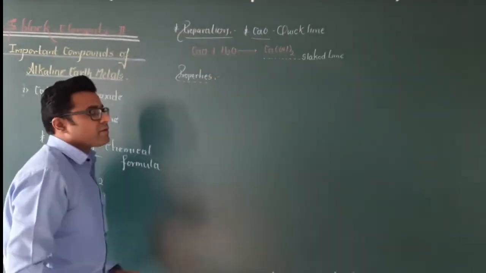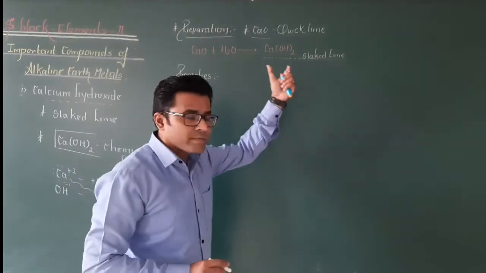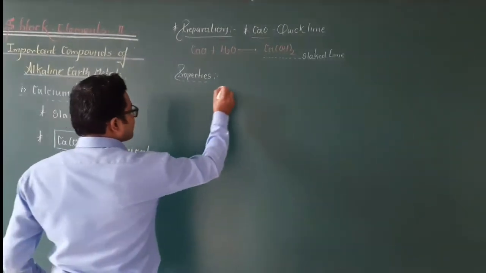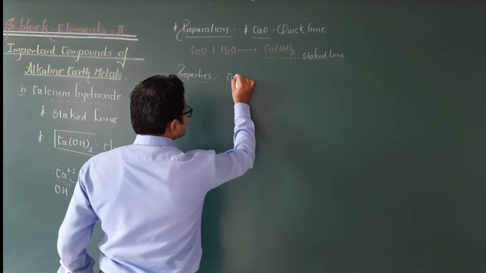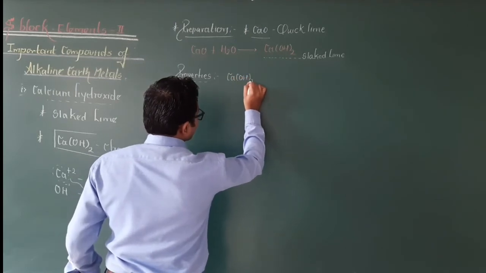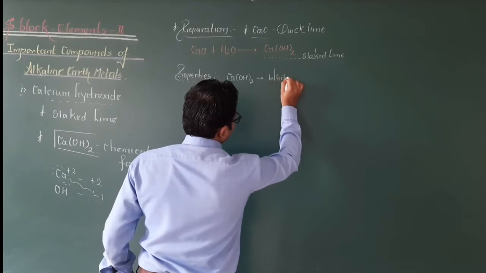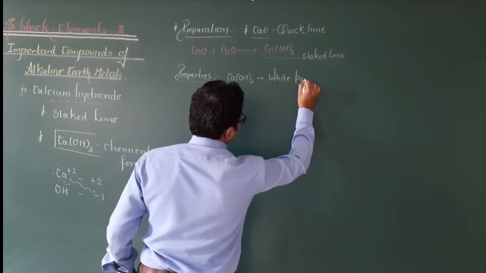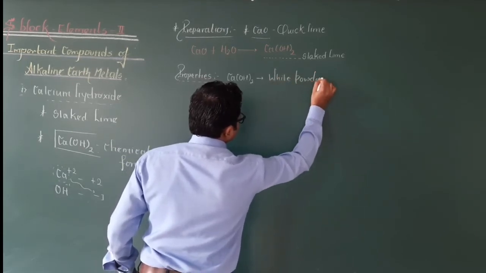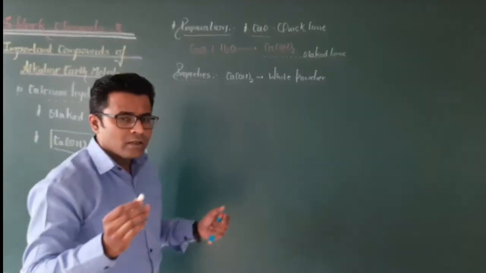When we observe the properties of this calcium hydroxide, the first thing we have to understand is that calcium hydroxide is a white color powder.